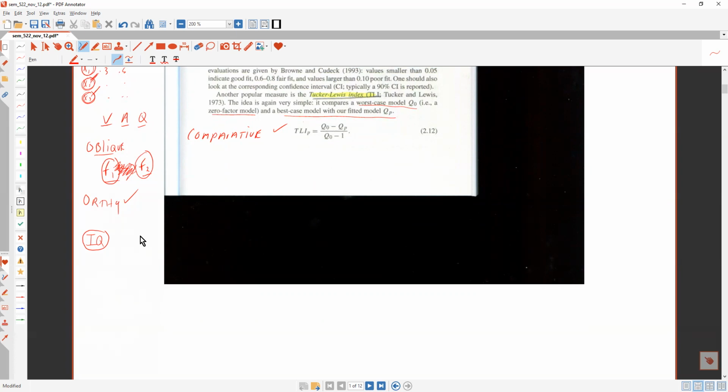Let's say IQ is related to self-esteem. So IQ is related to self-esteem right here. When we do a particular factor analysis model, we can set that correlation equal to 0. We could choose to not model it, or we can choose to model it.